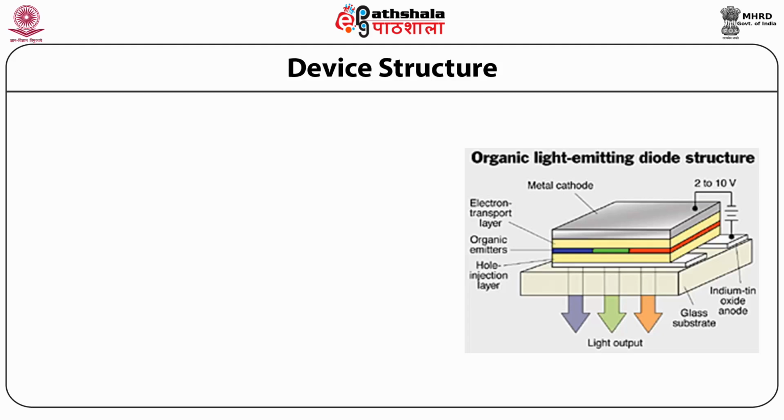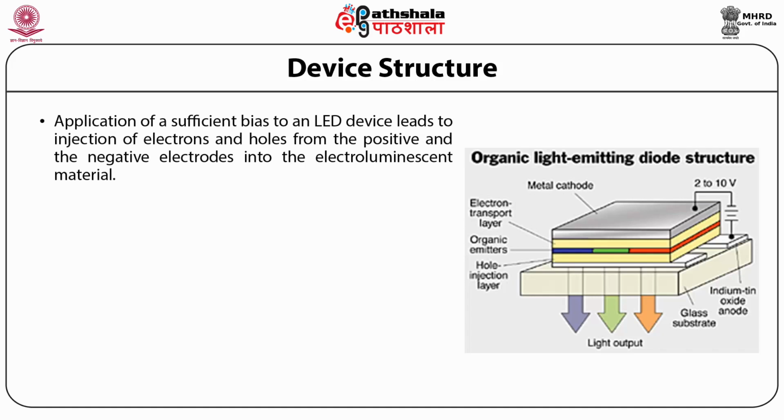Upon application of an appropriate voltage, typically between 2 and 10 volts, the injected positive and negative charges reach the emission layer where they recombine to generate light through a phenomenon called electroluminescence.